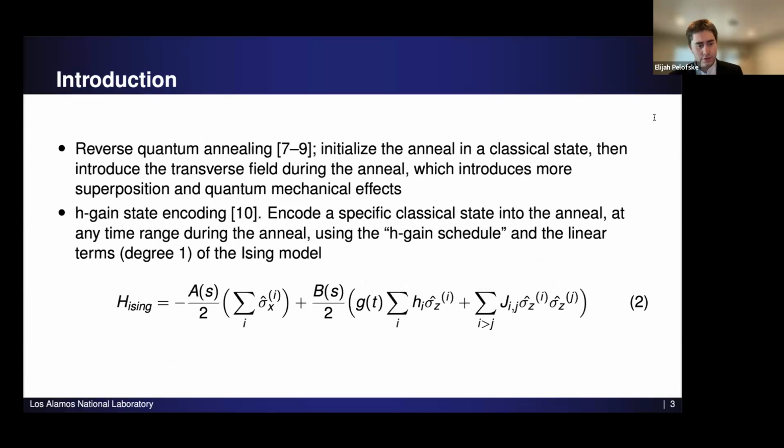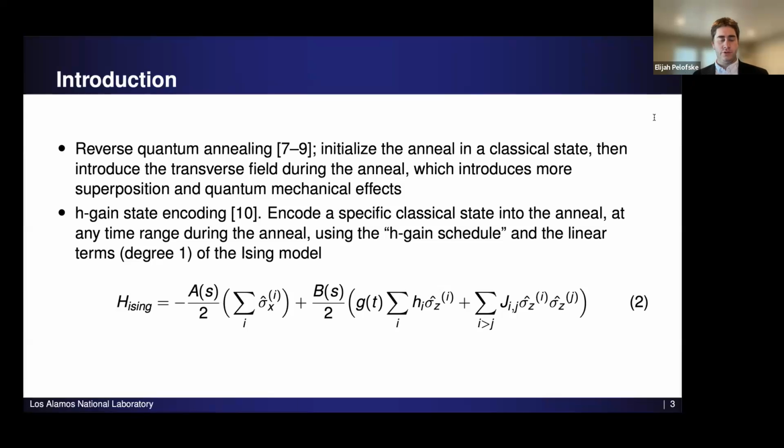All right. So D-Wave quantum annealers in particular have a couple of interesting features that were introduced to the hardware. The first one I'm going to mention is something called reverse quantum annealing. The idea here is that you initialize the anneal in a well-defined classical state, like a bit string or a vector of spins.